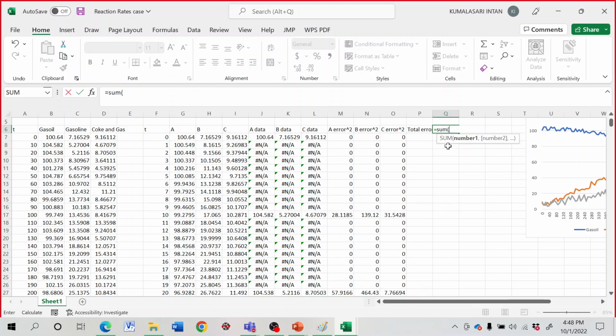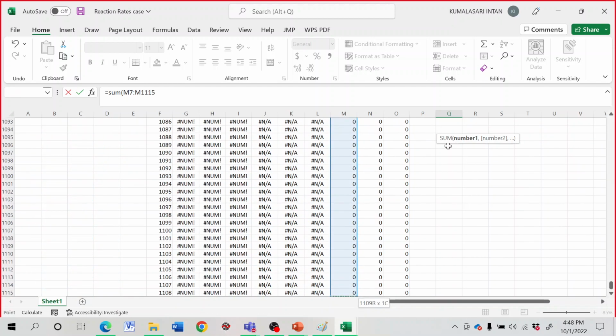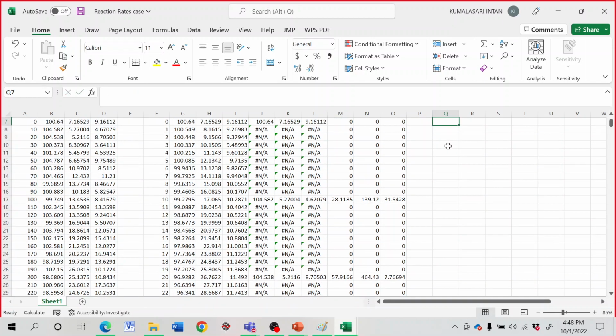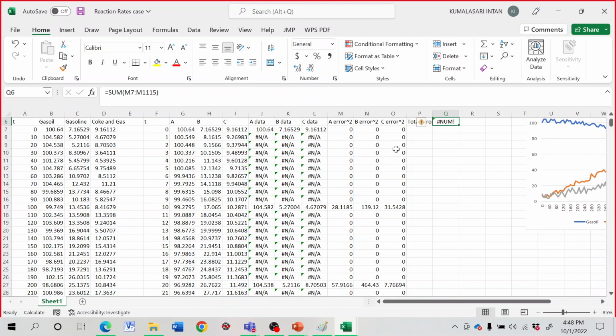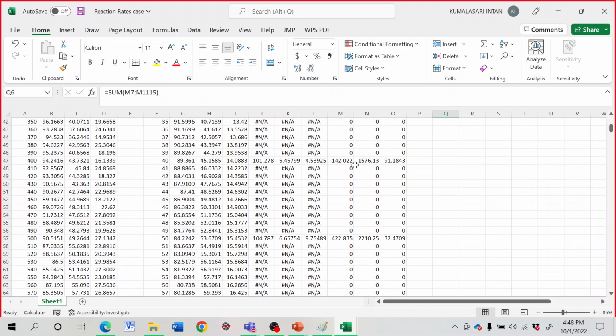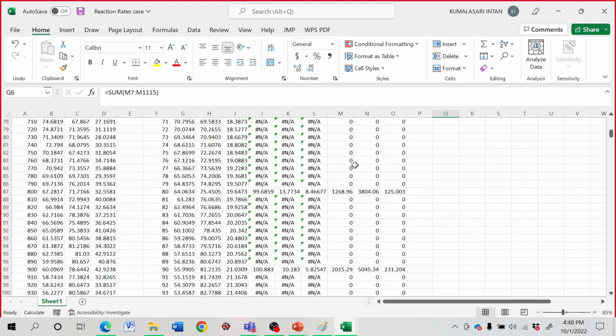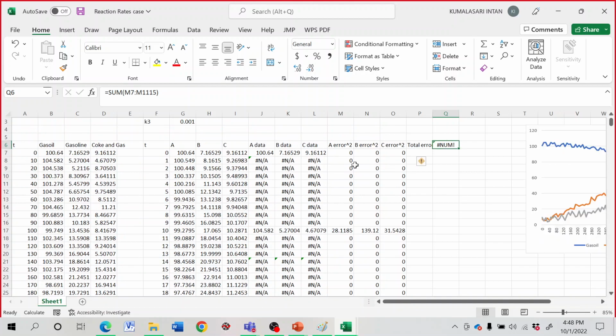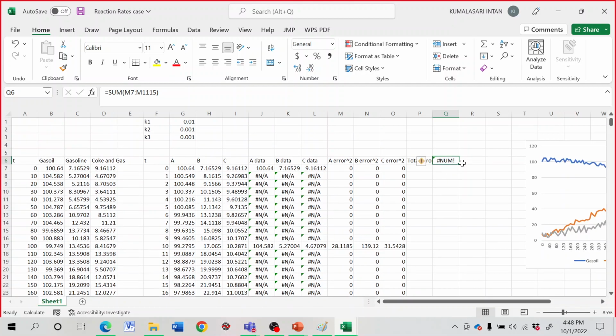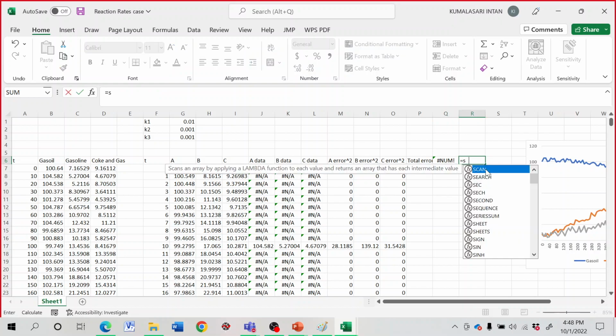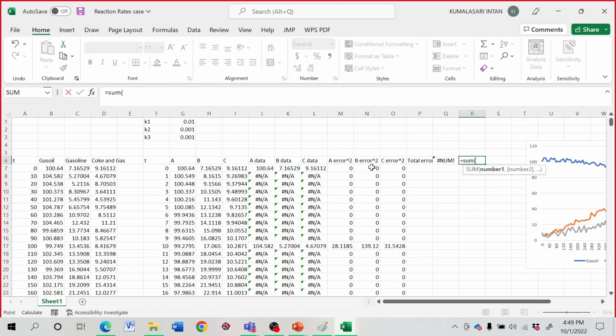Sum. What happens? Why can't we sum them? If I sum this, double sum, it should be able to sum, no?